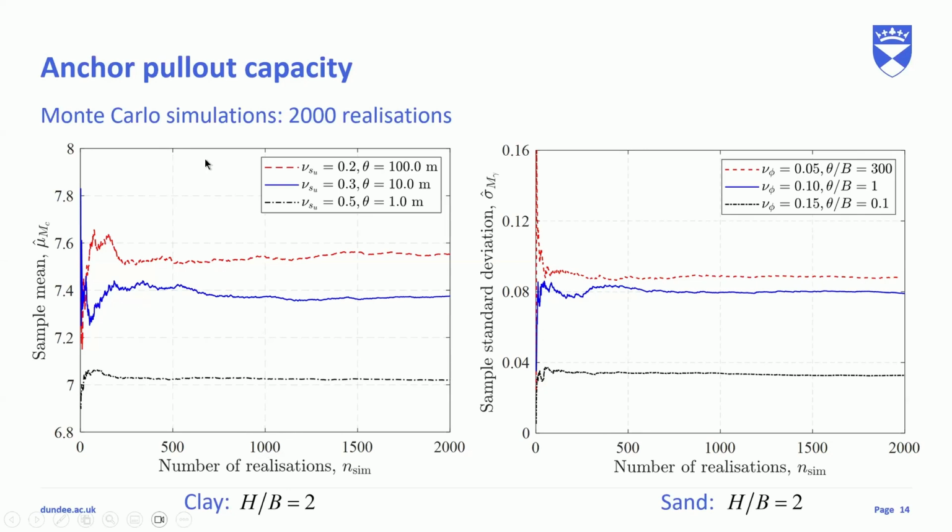We find the sample mean, like Mc and M gamma, and the standard deviation of them for different cases. We can see that it gradually becomes stable, and at 2000 it's actually very, very stable. So 2000 realizations are sufficient for this case.